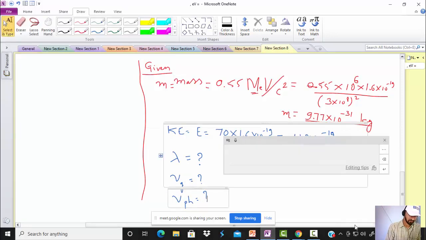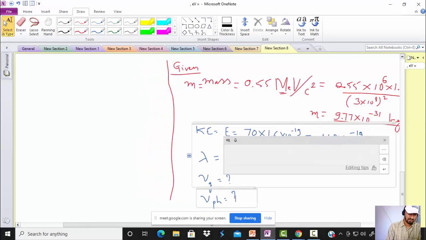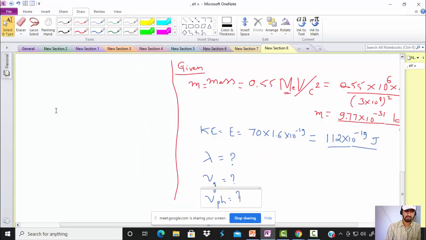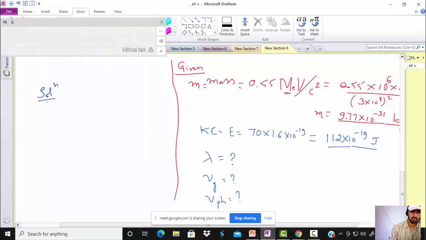Now you go for the equation, which will be the preferred equation. The kinetic energy is given, the mass is there, which will be the preferred equation? Solution, I'll take now.